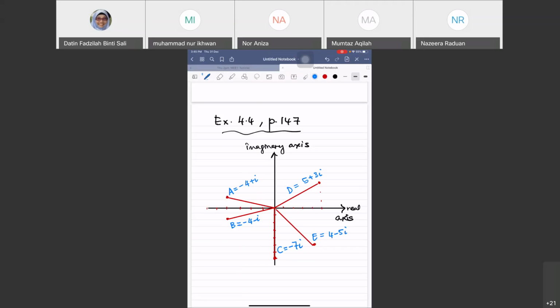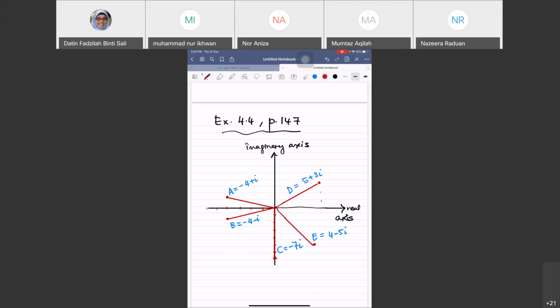And then finally F is just 5, no imaginary part. Just a number is a real part, real part only. So it should be on the real axis, isn't it?